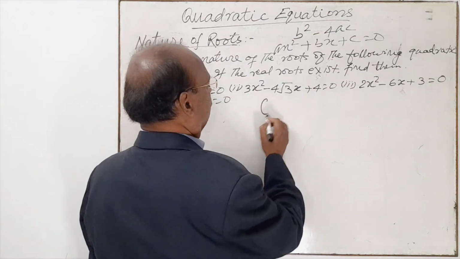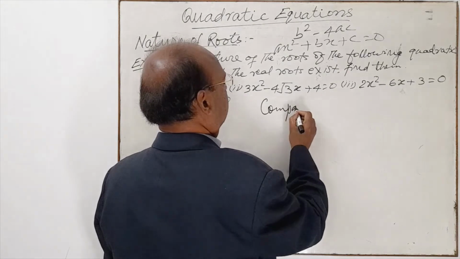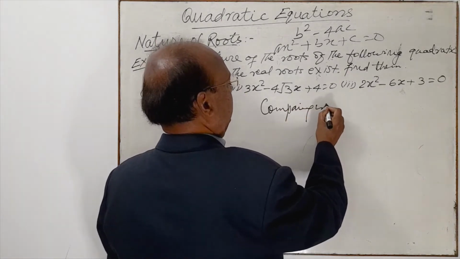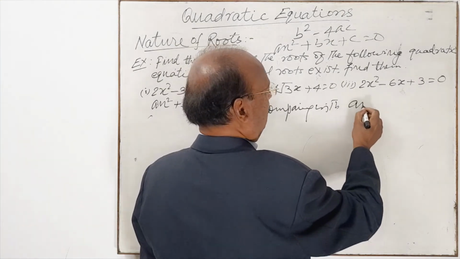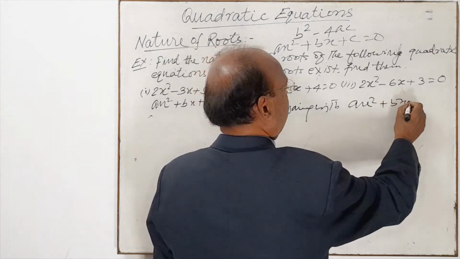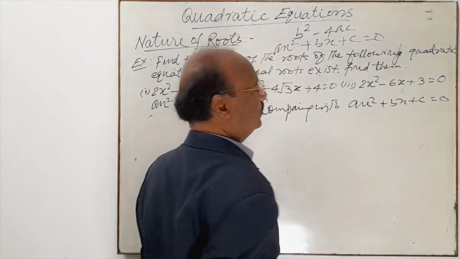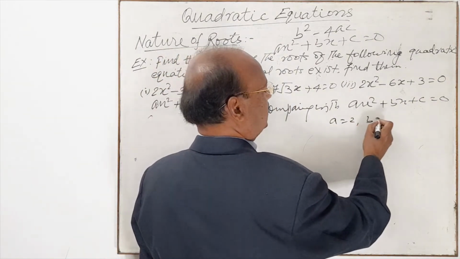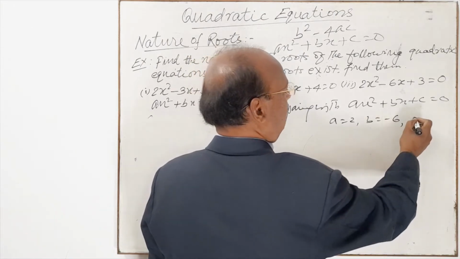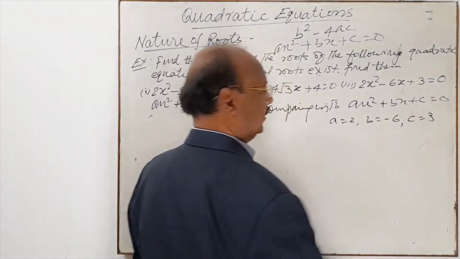First of all, we comparing with the quadratic standard form ax square plus bx plus c is equal to 0. So here a is equal to 2, b is equal to minus 6 and c is equal to 3.